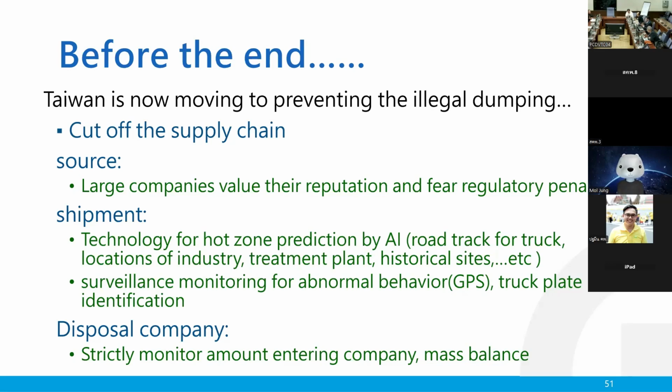All the data is collected and computed by AI, and we can see the hazard, where might be the best places to monitor. So we can set up surveillance video over the hazard spots. That will save a lot of money. If you want to install CCTV cameras on every road, that costs a lot of money. But if you have a hazard map, we follow every road that leads to the hazard.